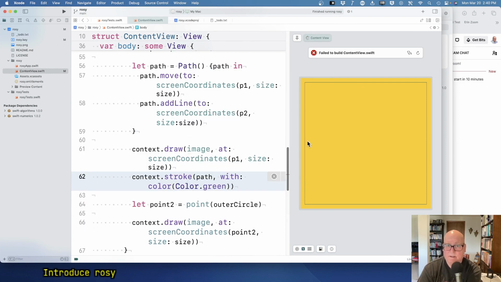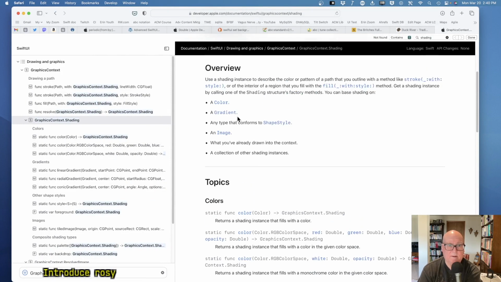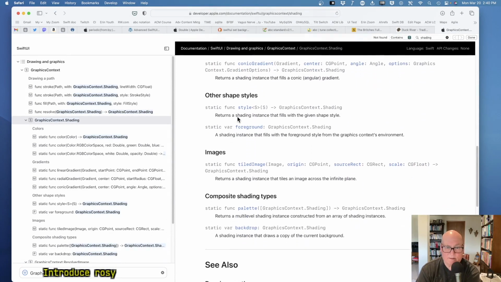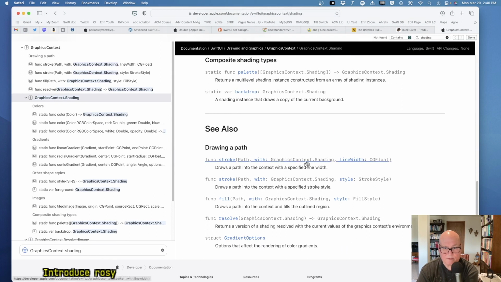Keep that green idea. Dot color. I really could use an example with shading.